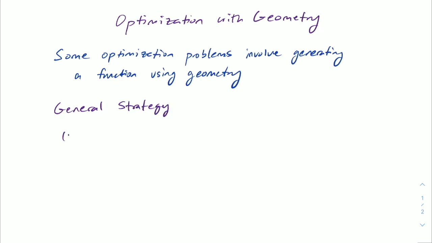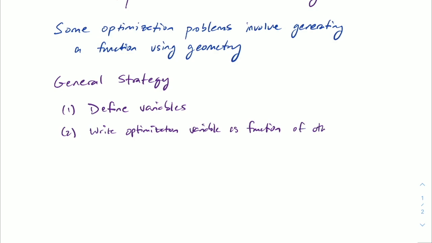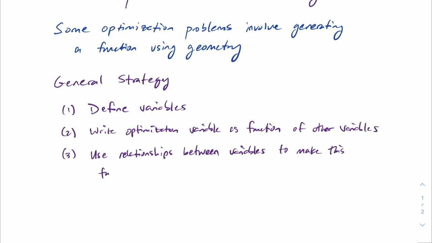Part 1, we're going to define the variables. Part 2, we're going to write the optimization variable as a function of the other variables in the problem. Part 3, we're going to use relationships between the variables to write this function, to make this function a function of one variable.